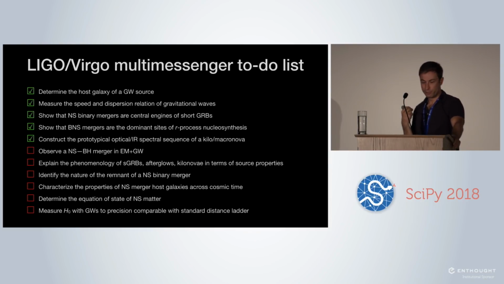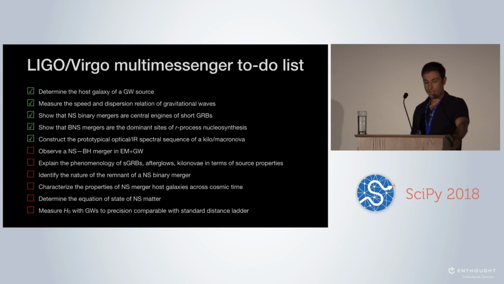We showed that binary neutron star mergers are indeed the central engines of short GRBs. We've shown that binary neutron star mergers are the dominant site of R-process nucleosynthesis in the universe. And we've constructed the observational prototype of a kilonova.